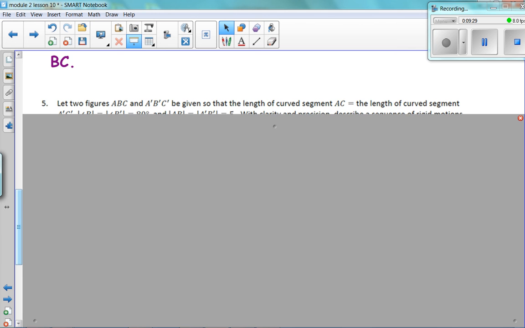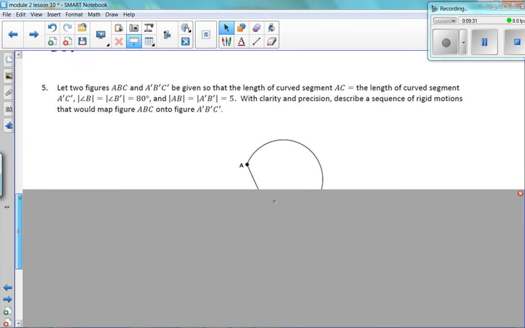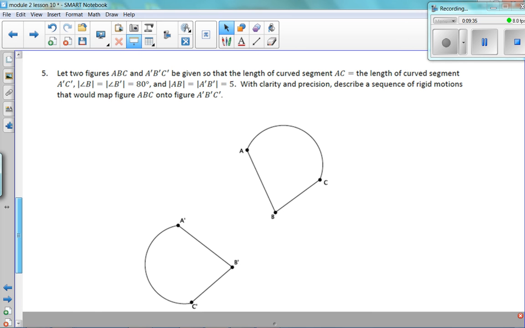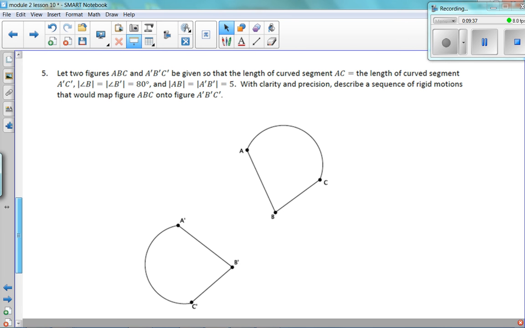Okay? The last one is: let 2 figures, ABC and A prime, B prime, C prime, be given so that the length of the curved segment AC equals the length of the curved segment A prime, C prime, and the absolute value of angle B is equal to the absolute value of angle B prime, which is 80 degrees.